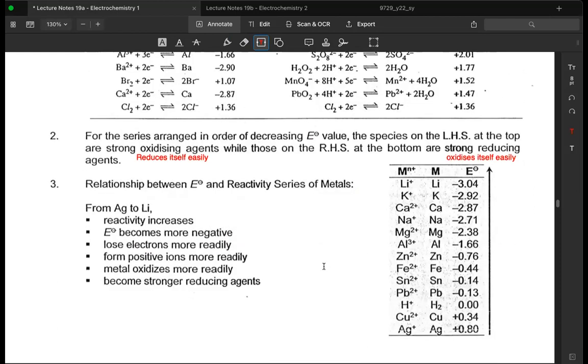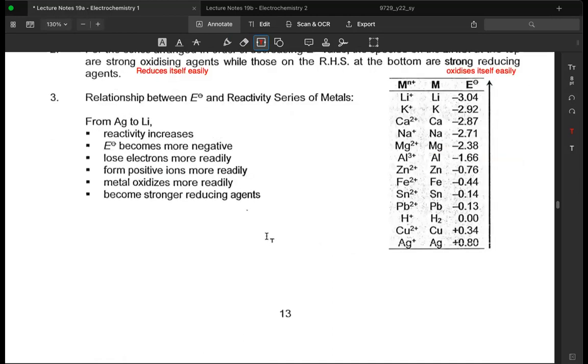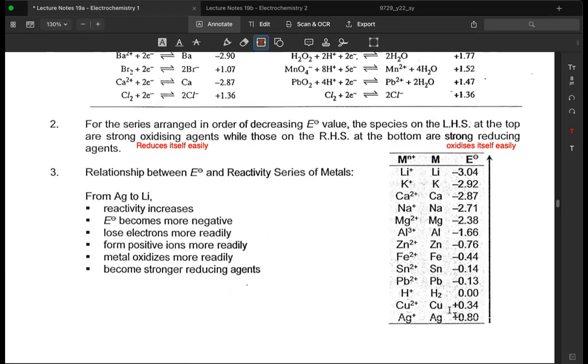Now, there is a very close relationship between E naught and the reactivity series of metals. Now you know. In your syllabus, you only remember the reactivity series, but actually the reactivity series is related to the E naught value. They only introduce it at a higher level.